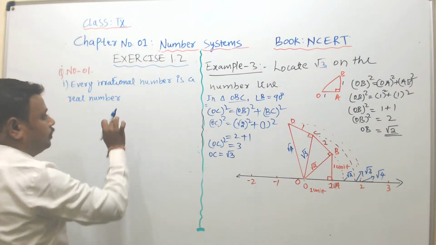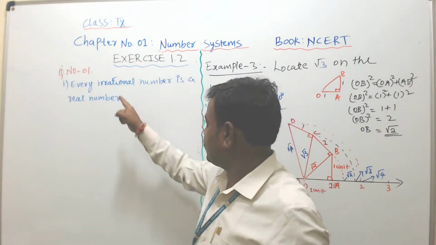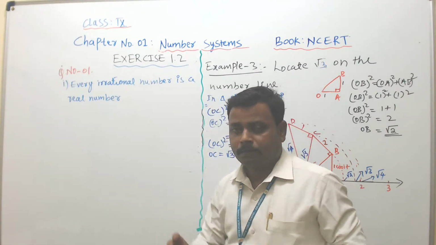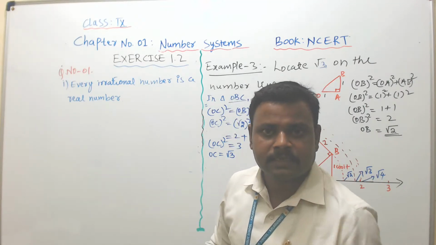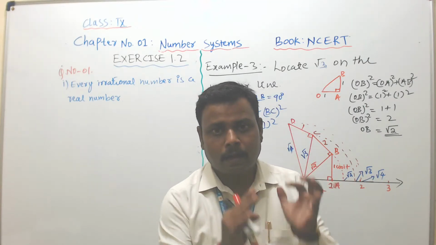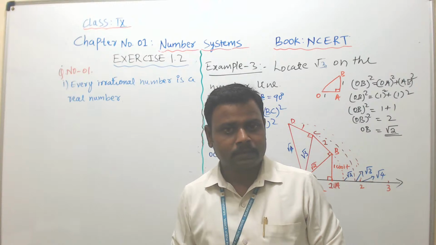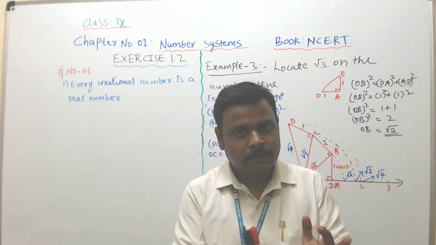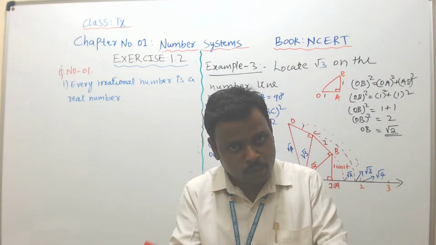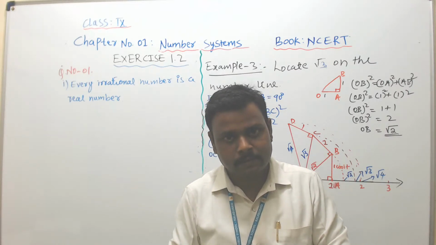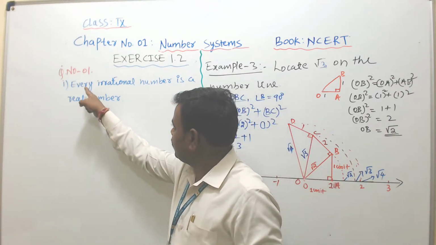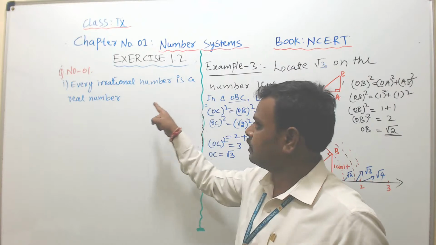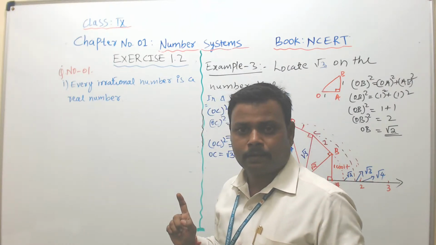Okay? Listen here. Every irrational number is a real number. So what we have studied just now about real numbers: rational numbers and irrational numbers taken together are called real numbers. The statement is every irrational number is a real number.